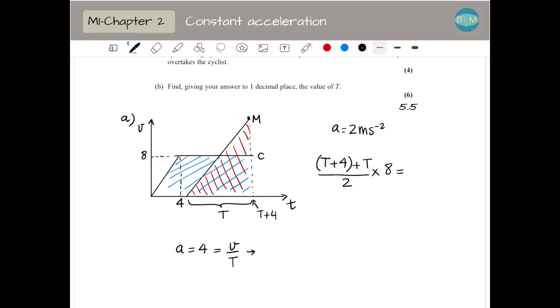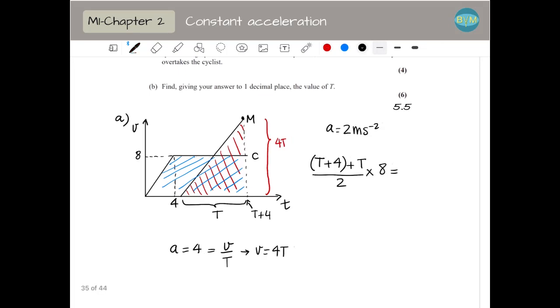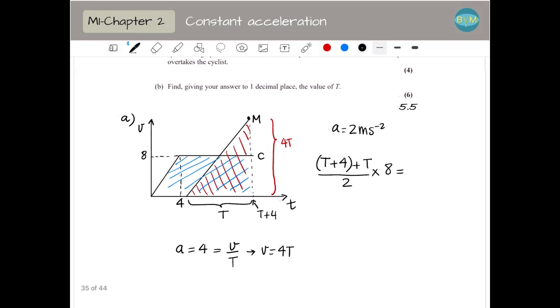So we can say that the final velocity is 4t. So this distance here is 4t, the final velocity. So we are going to use that to find the area of the triangle. The area of the triangle would be base times height divided by 2. Right? So we have one equation with one unknown, which is t.